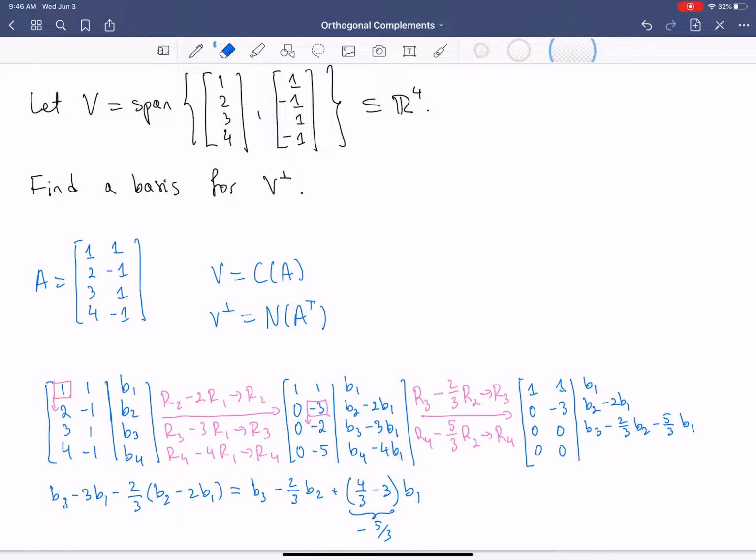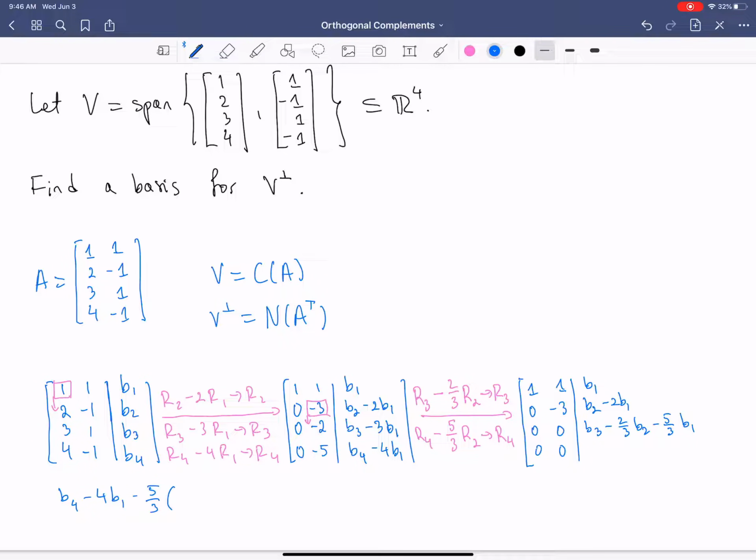Now I will erase this because I need that space. So for the last equation, we have B4 minus 4B1, so that comes from R4, and then minus 5/3 B2 minus 2B1 equals B4 minus 5/3 B2.